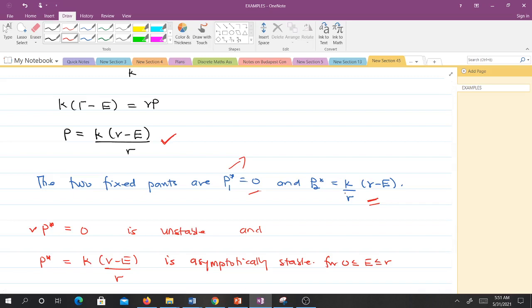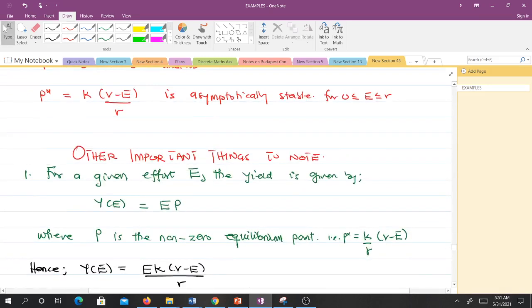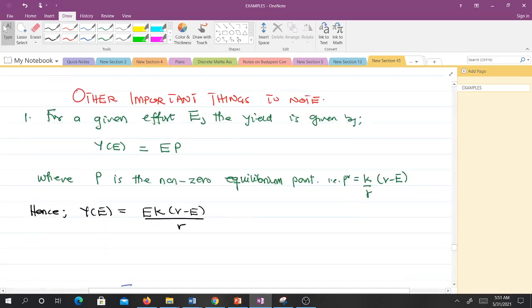The other ones we are going to analyze. Okay, so for a given effort E, the yield is given by Y of E equal to EP, right? Where P is the non-zero equilibrium point.